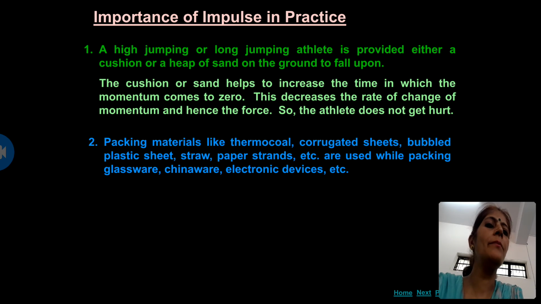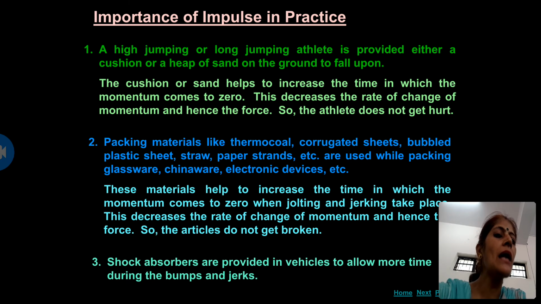Now the next example is packing materials like thermocol, corrugated sheets, bubble plastic sheet, straw, paper strands, etc. These are used while packing glassware, chinaware, electronic devices, etc. These materials help to increase the time in which the momentum comes to zero when jolting and jerking take place.